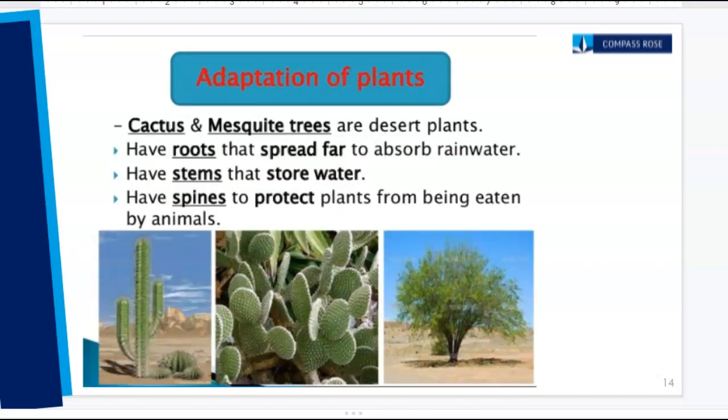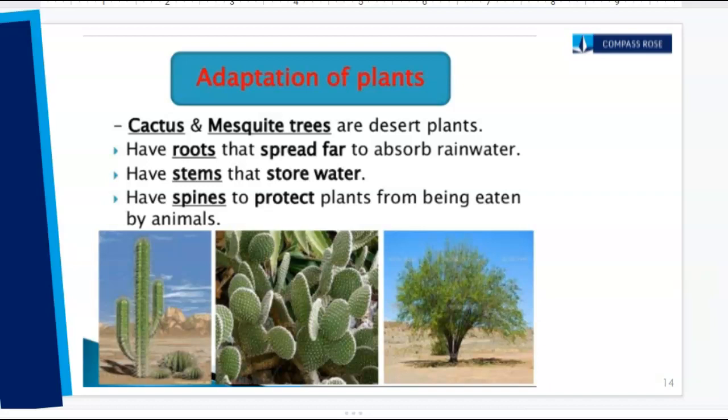We also have different types of plants, and the plants also have to change in order to be able to survive. So for example, it's mainly cactus and mesquite trees. They have deeper roots that spread further so that they can go ahead and absorb more rainwater. We do know that cactuses are a source of water. They're different than regular plants. They're more spongy.